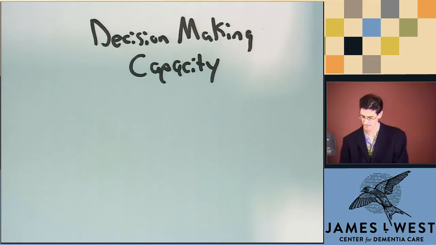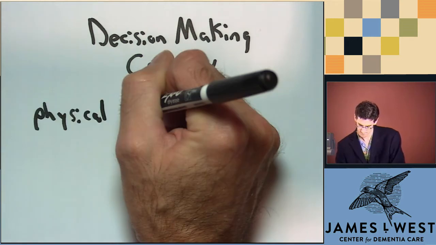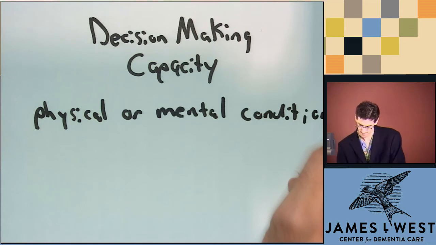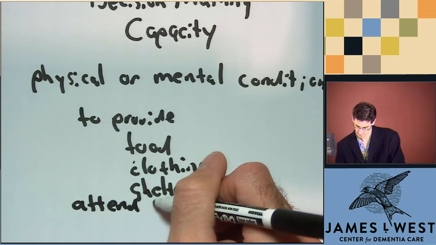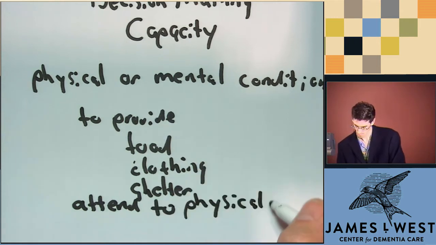the legal definition is because of a physical or mental condition, a person is unable to provide food, clothing, or shelter, attend to physical needs, or manage financial affairs.